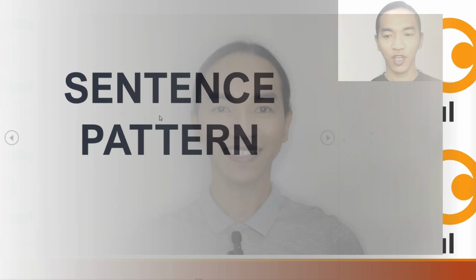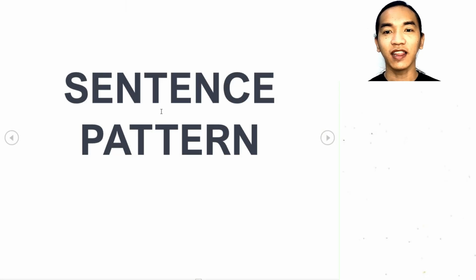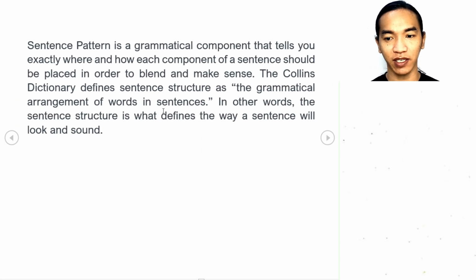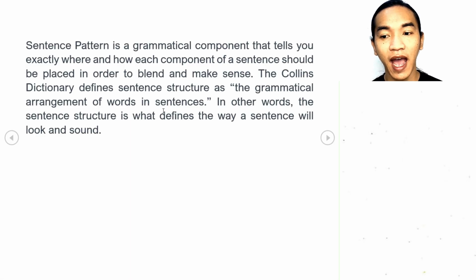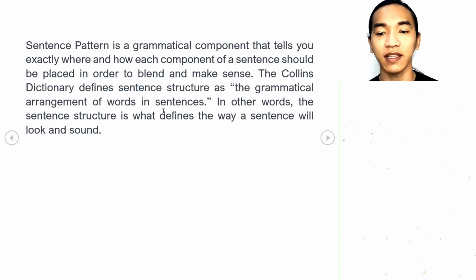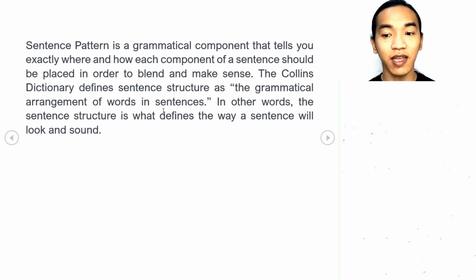Let's go. So, for today's lesson, let's go ahead and talk about more of our sentence patterns. But before that, let's try to understand what sentence pattern is. So, when we say sentence pattern, it is a grammatical component that tells you exactly where and how each component of a sentence should be placed in order to blend and make sense.